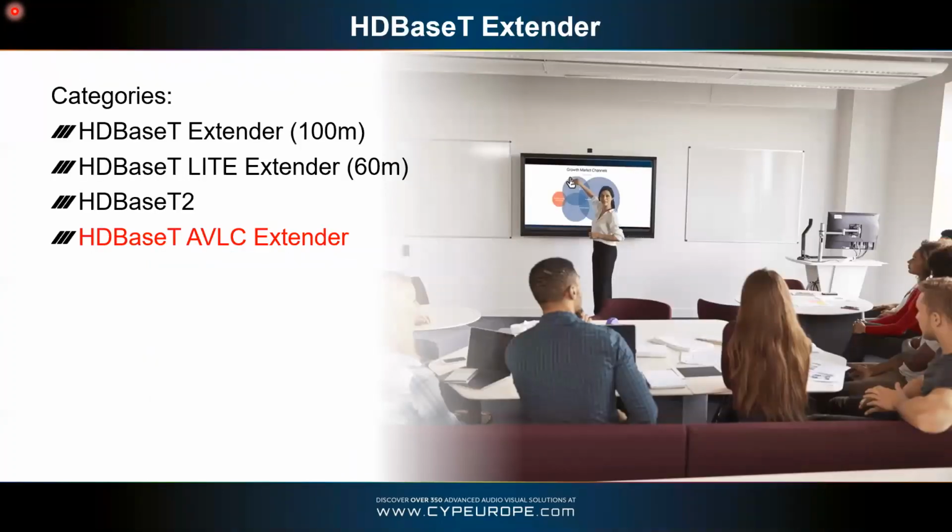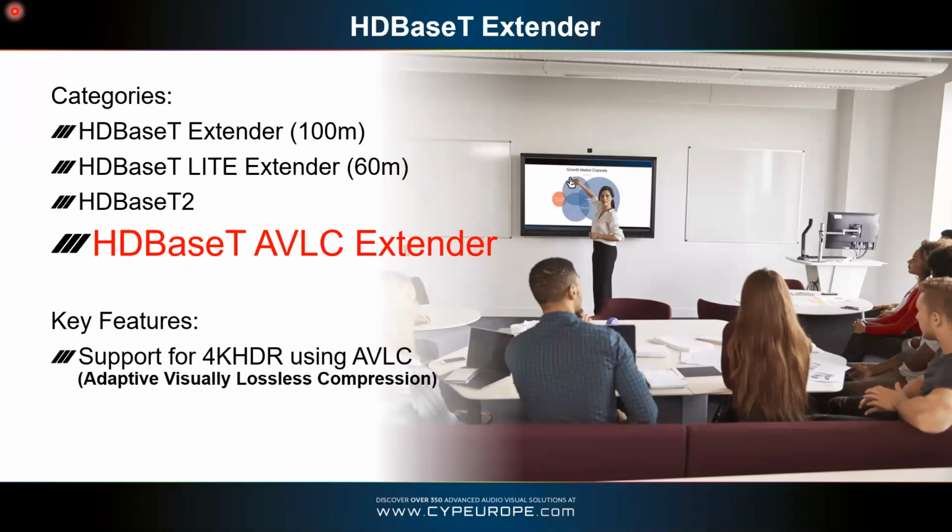Let's have a look at AVLC, which is our adaptive visually lossless compression. So as Kevin mentioned earlier, there is a limit to what HDBaseT can transmit, which is 10.2 gigabits per second. If you wanted 4K HDR content, for example, that would be a higher bandwidth than 10.2 gigabits per second.